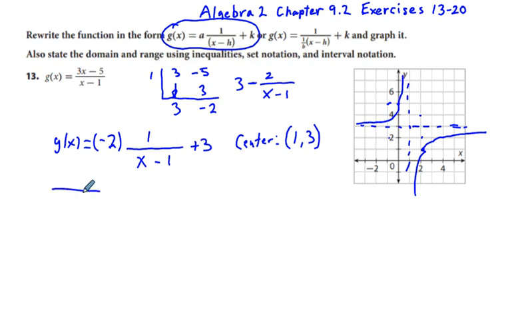So if we use a table here, x, g of x, and we plug in 0 for x, and then 2 for x, we're going to be able to have our points here to sketch with these asymptotes. So if we plug in 0, we can use this form up here if we want to. G of 0 is going to be negative 5 over negative 1, which equals 5.